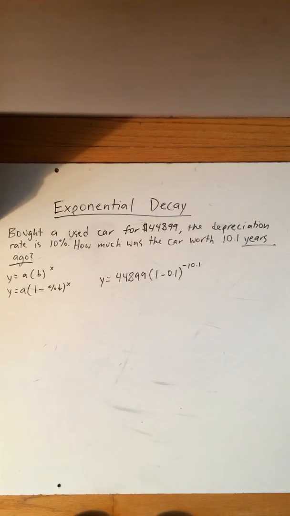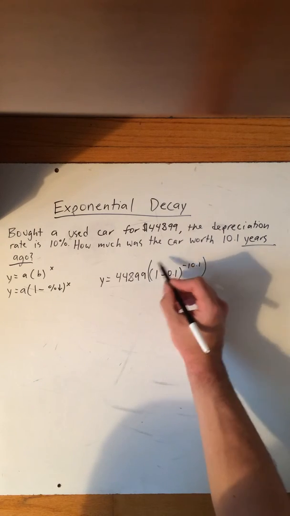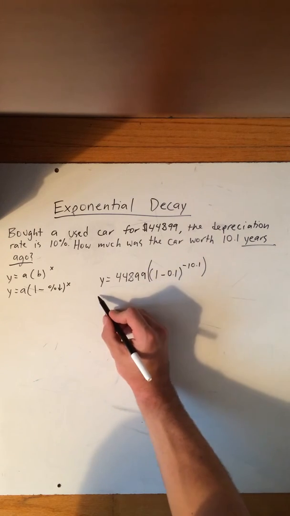So it's exponential decay, so it's 1 minus, and it's in the past, so it's also a negative exponent. So the first step is to do this here, this calculation, and then multiply it by that.